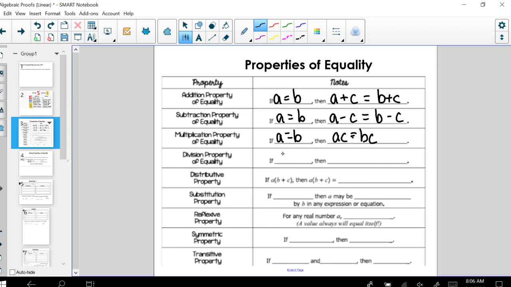And then division property. If I start with two things that are equal and I divide both sides by the same thing, they're still equal. A distributive property, this would be like our rainbows. So if I have A times B plus C, that's the same as AB plus AC.